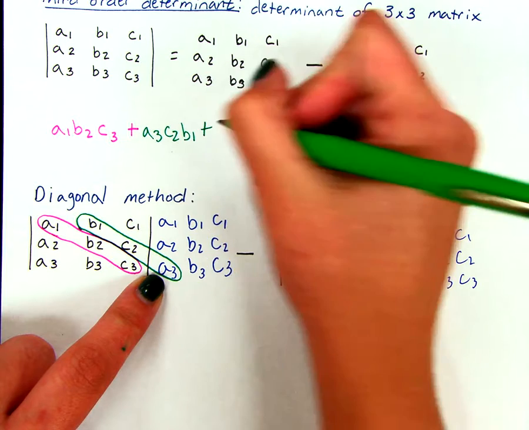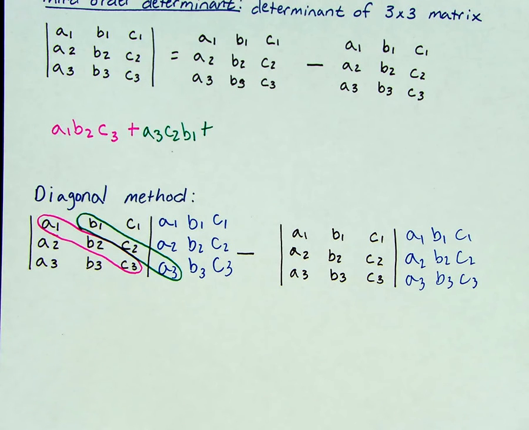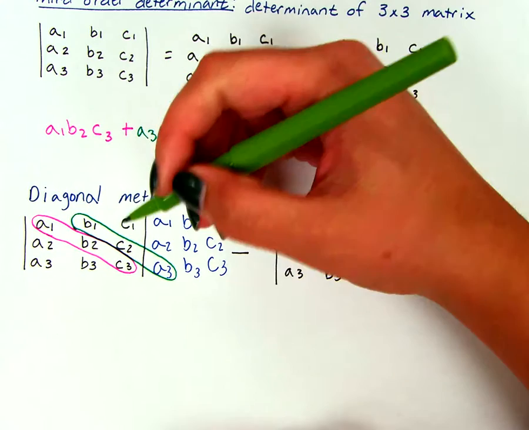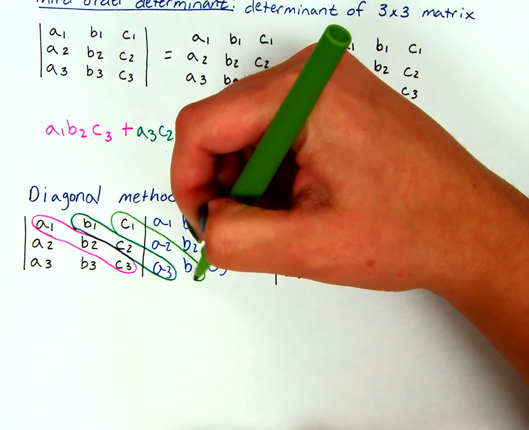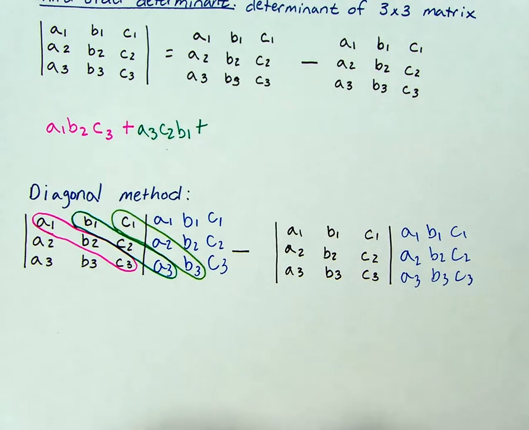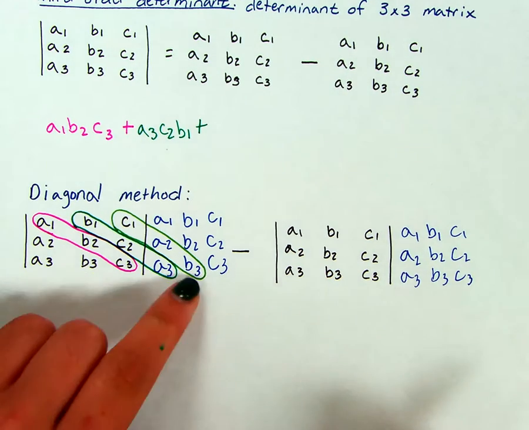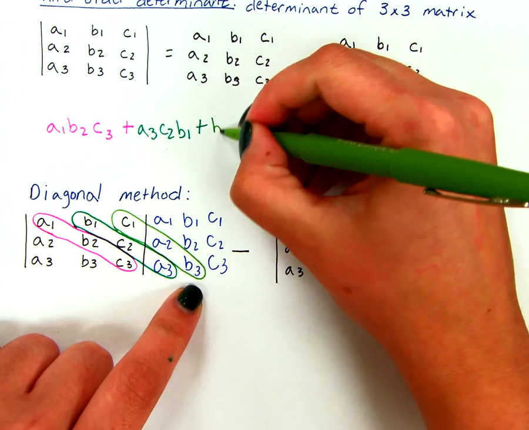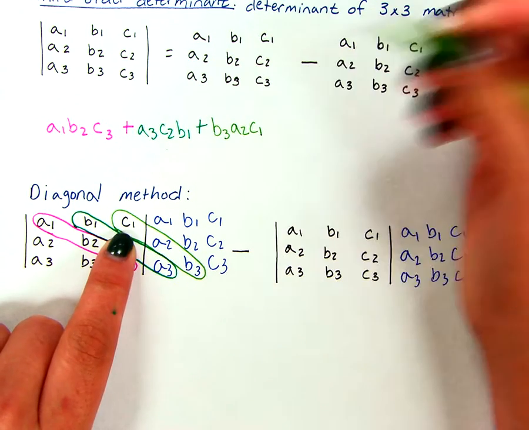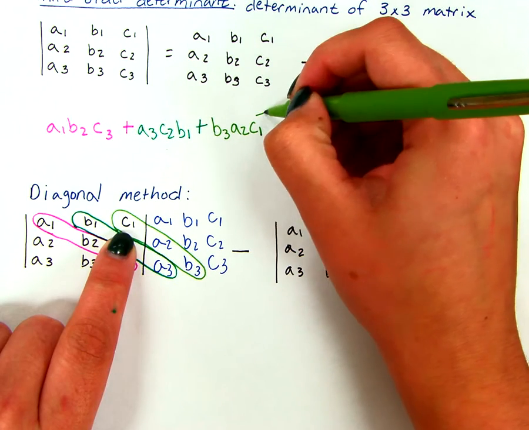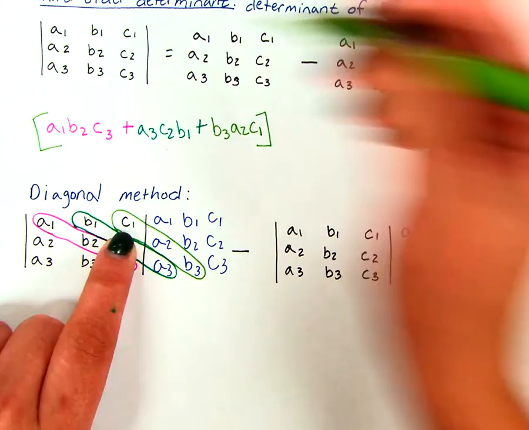And then we're going to add that to our third forward diagonal. So again, we're going to take C1 times A2 times B3, and multiply those 3 together. Again, I'm going to start down at the bottom: B3 times A2 times C1. And we're going to group those together.